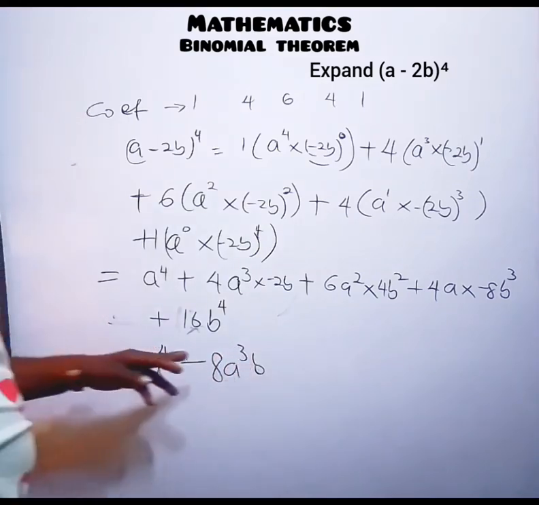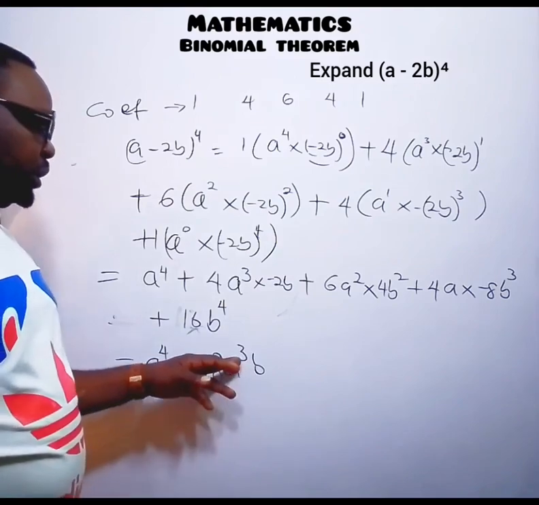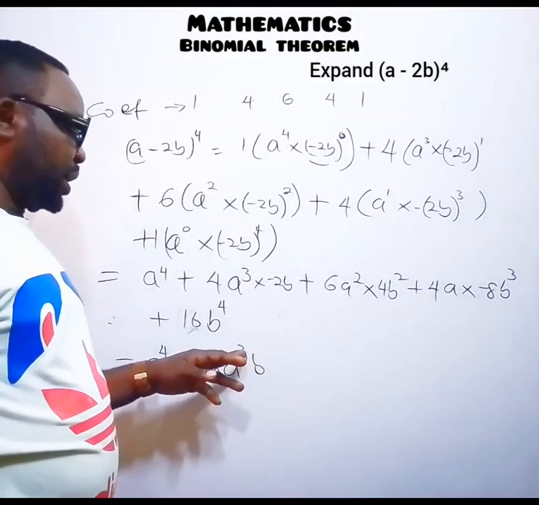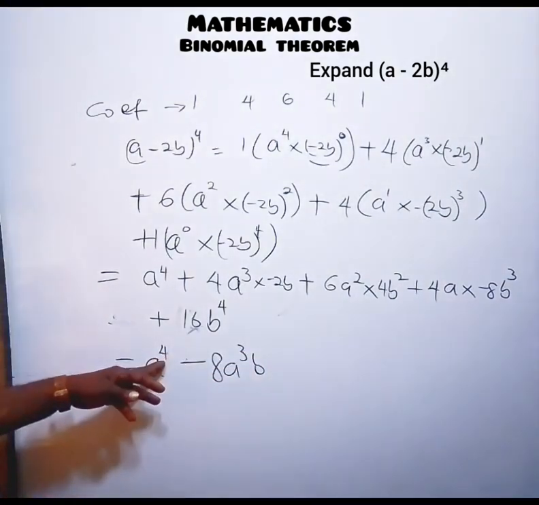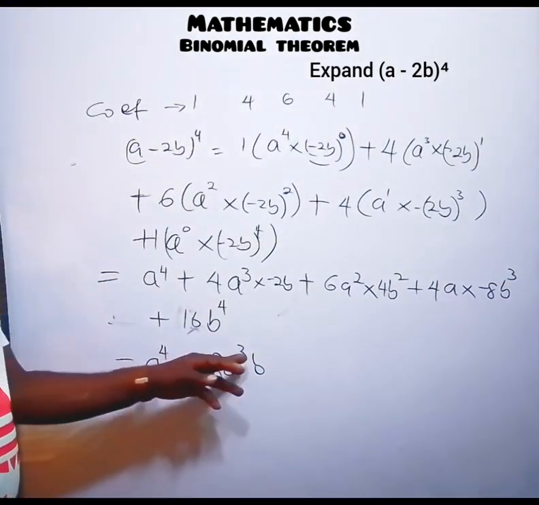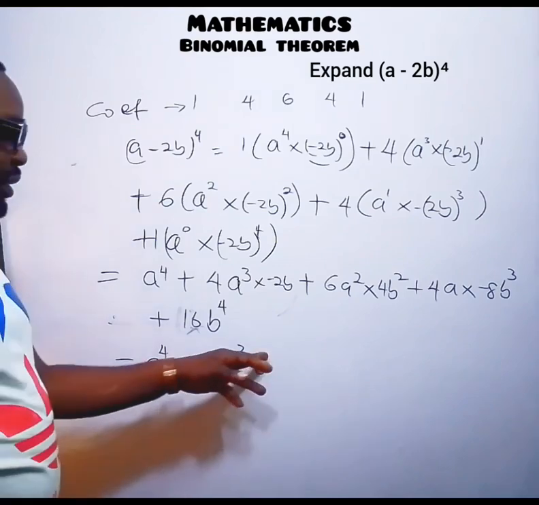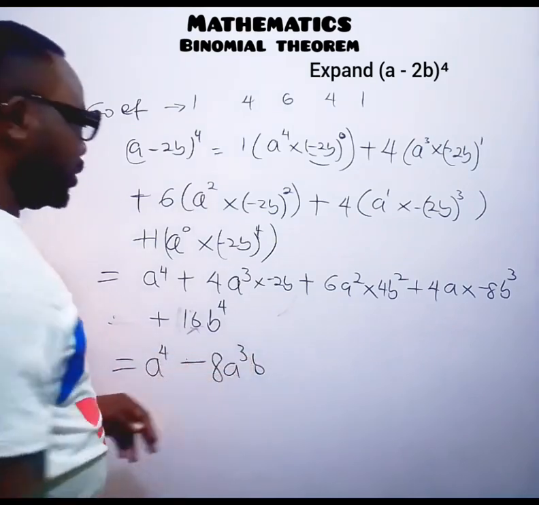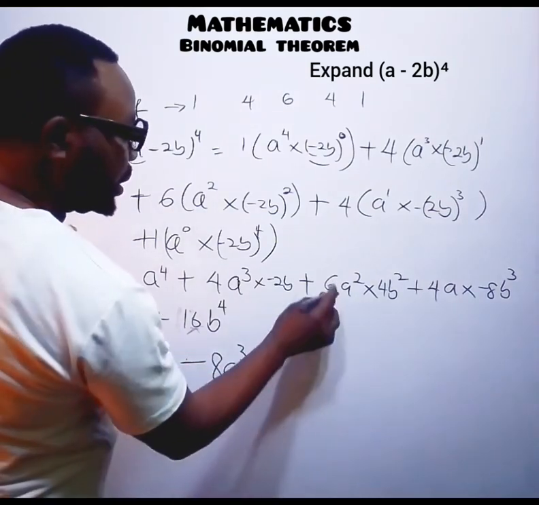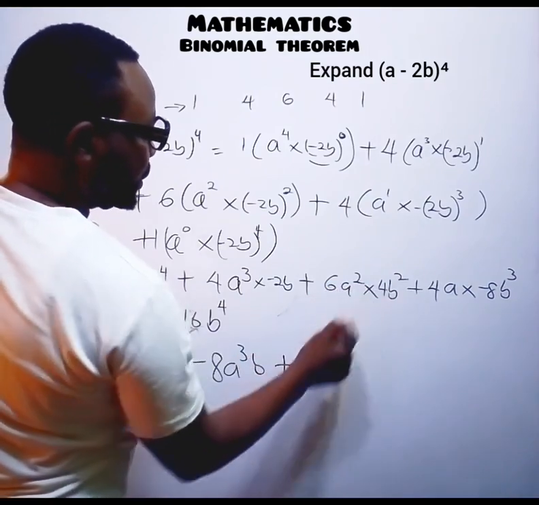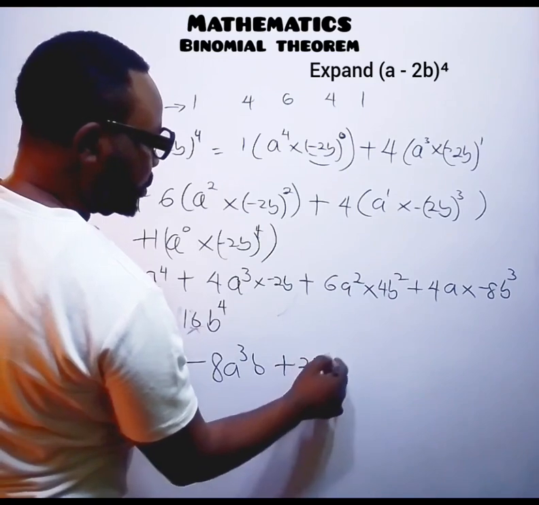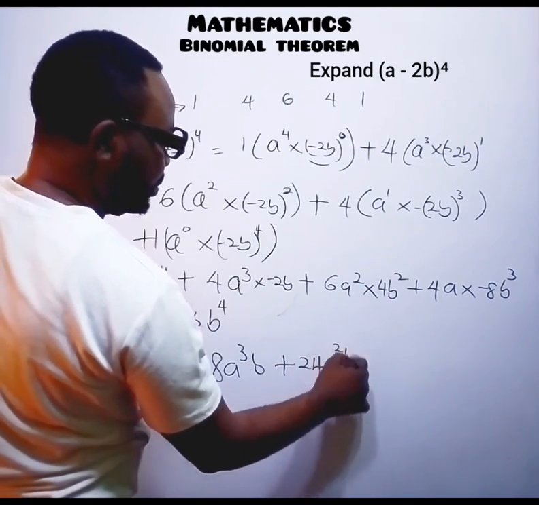You can see, if I look at this expression here, what is the sum of the powers here? A is having 3, b is having 1. Here, a is having 4. You can see, 4, a is having 3, b is having 1. So when we add the powers together, we are going to get 4. Plus, is it plus? Yes, plus 6 times 4, that will be 24, a raised to the power of 2, b raised to the power of 2.